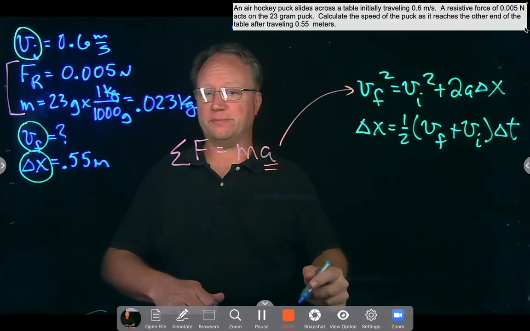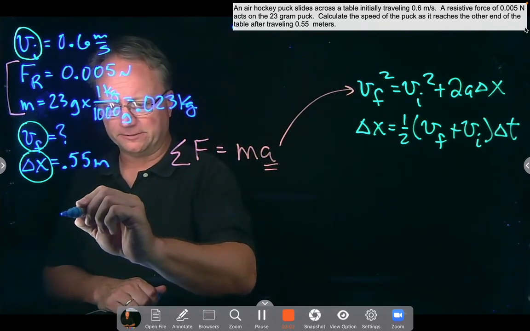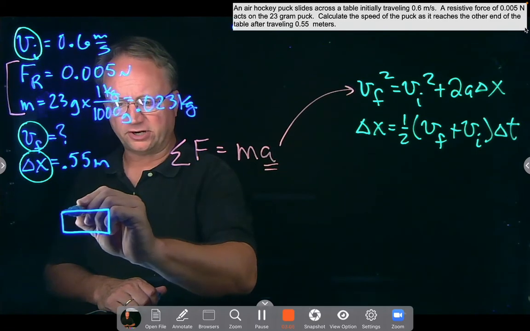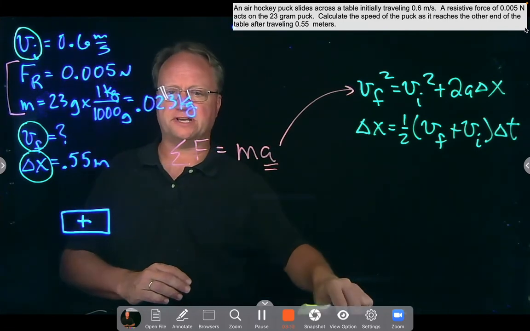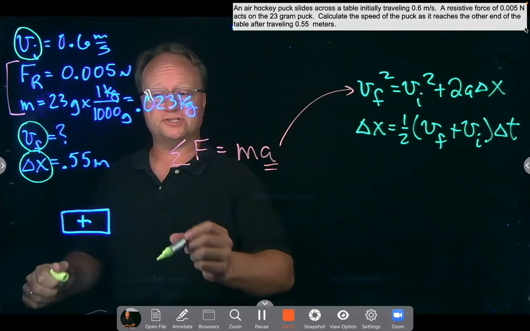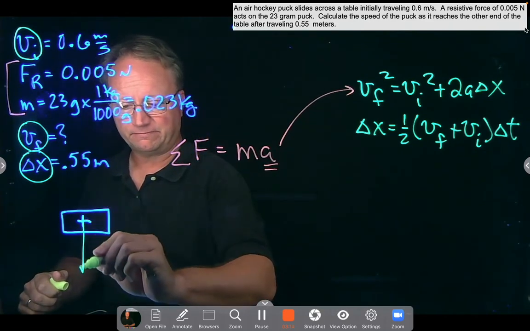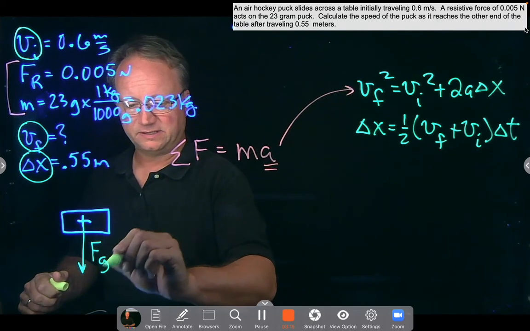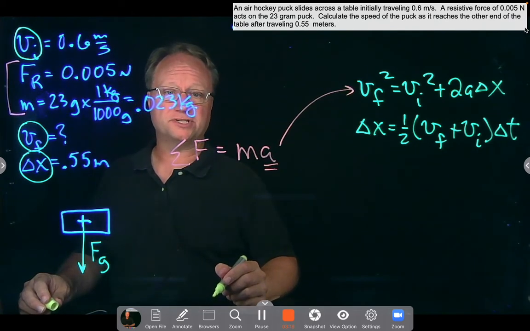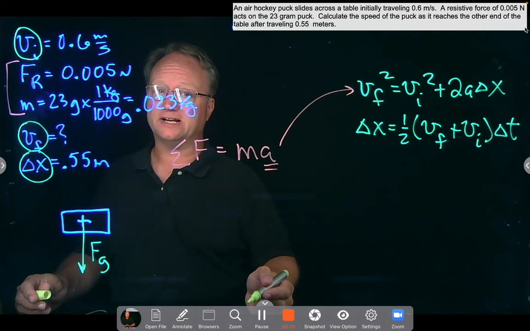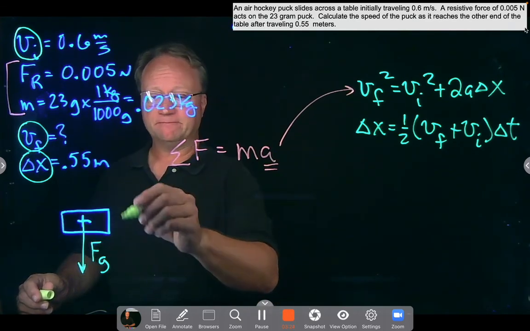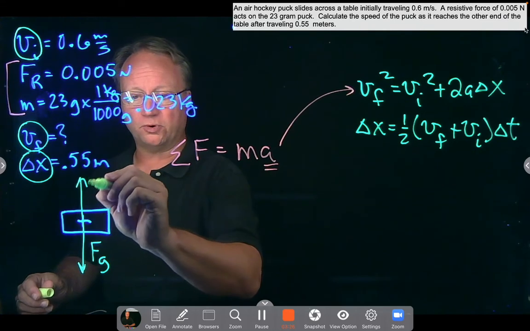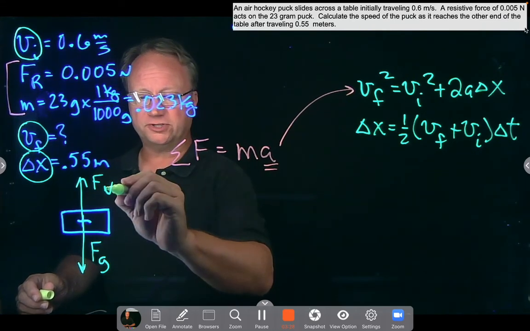We're going to need a free body diagram. So let me come over here. Here's our air hockey puck. If we draw the forces that are acting on it, field forces, we have the weight. Contact forces, well, there's only one thing in contact with the hockey puck, and that's the surface that it's on. So the surface would be supporting it, normal force.